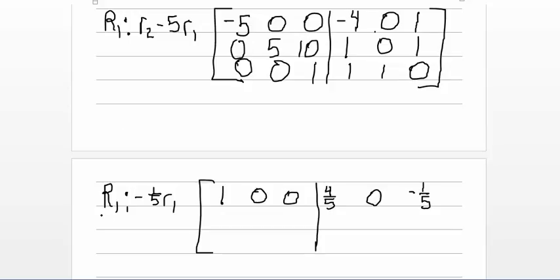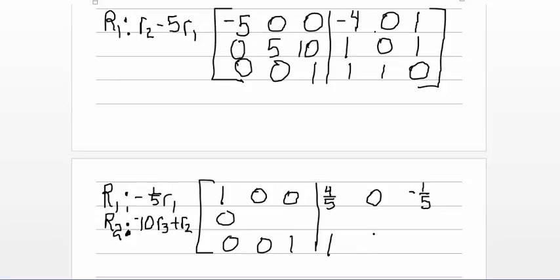So I went ahead and changed row 1 by multiplying it by negative 1/5. And I'm going to change row 2, and I'm going to get the 0 that I need in column 3 there.